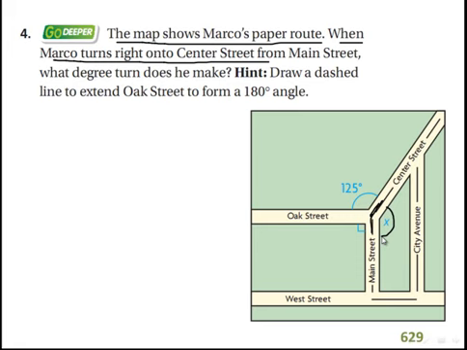Oh, what fact should I use to get the measure? I can see here the first part, here's the second part, and here's the third part. Ask yourself the main question. Do you have a complete angle? Of course not.